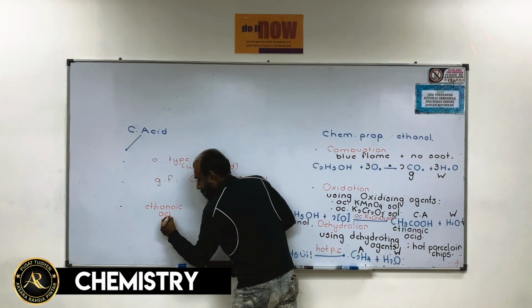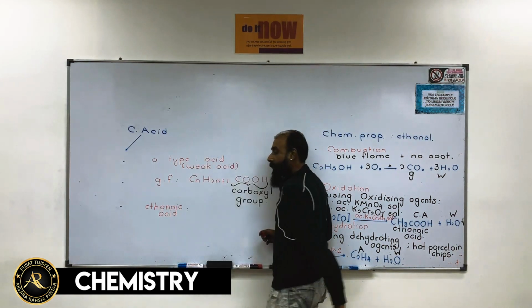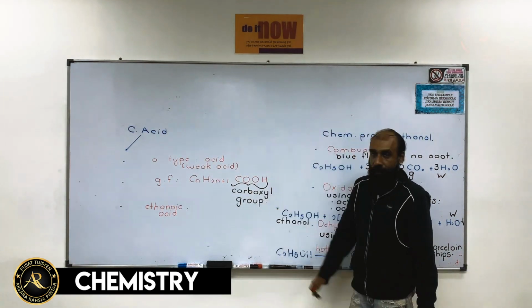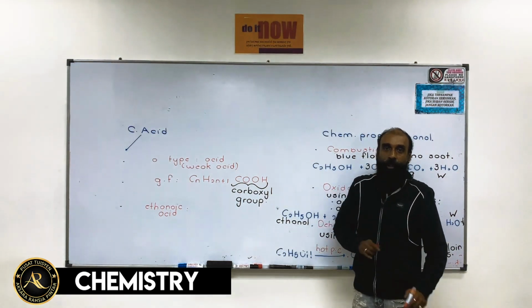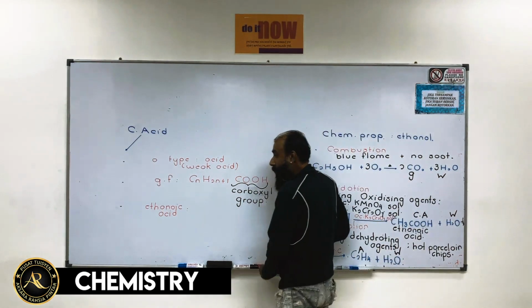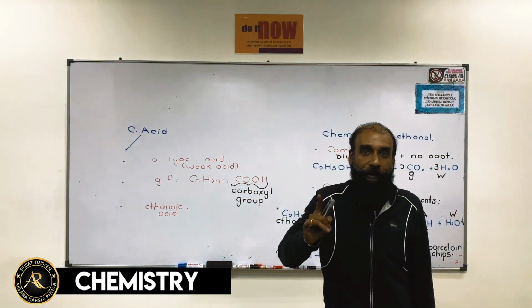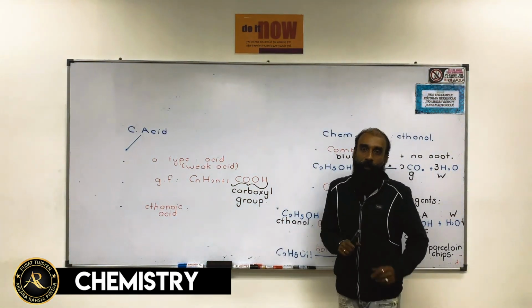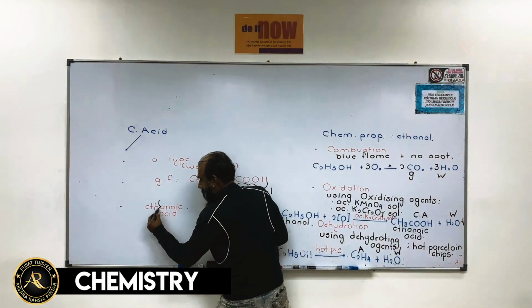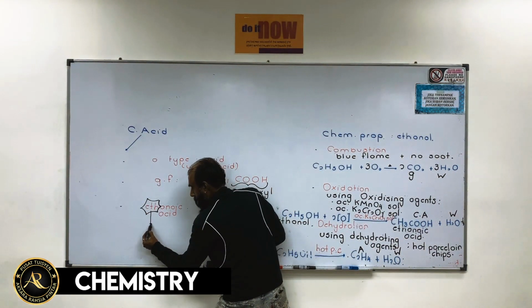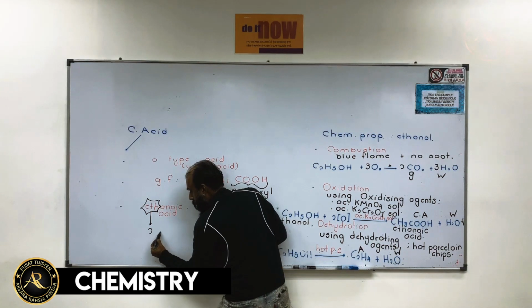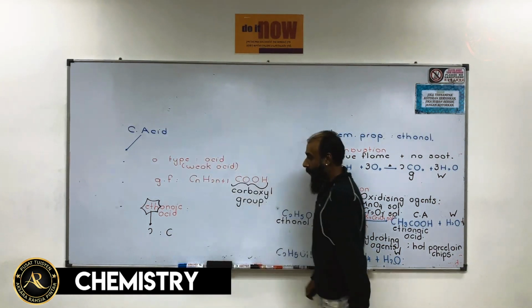ethanoic acid. Let's look at the easiest way to write the molecular formula and the structural formula, and how to prevent mistakes when writing the molecular formula. Eth means 2 carbons.